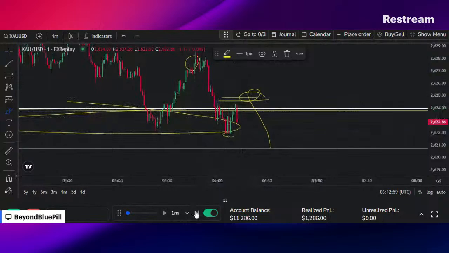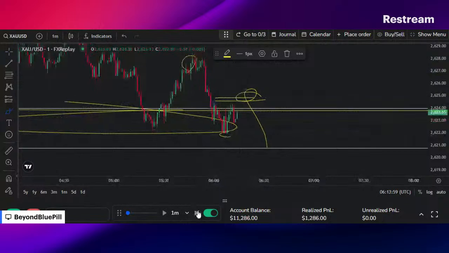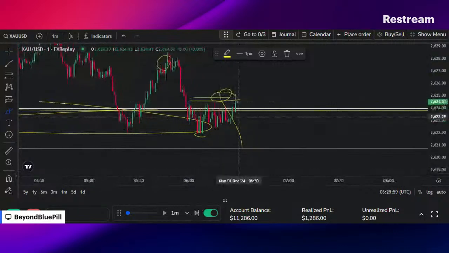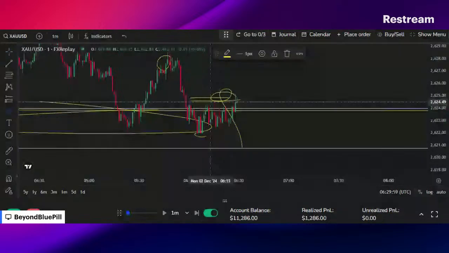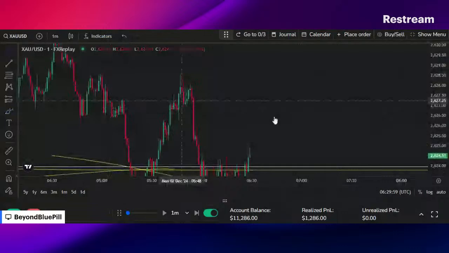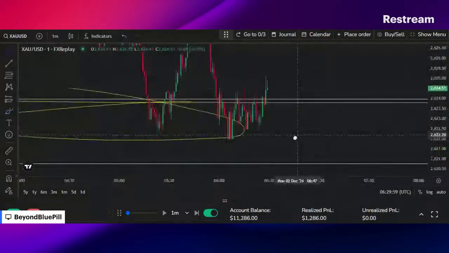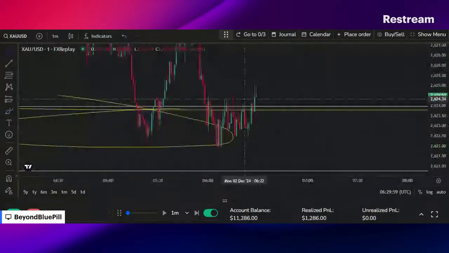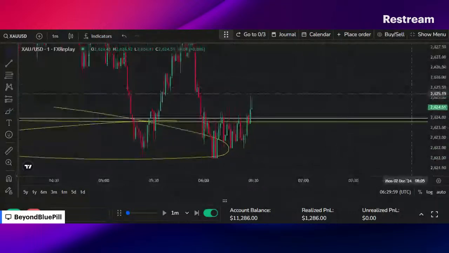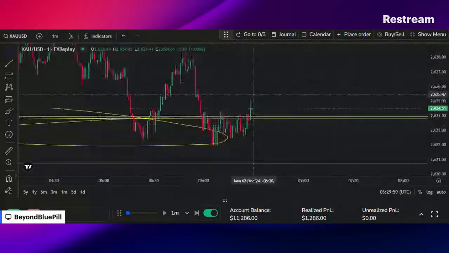All right, look at that. Look at that. Anyone involved in a short, you are cooked. Mind you, there's a little range that traded up to manipulate enemy trading lower.